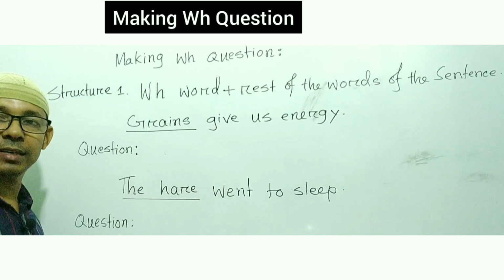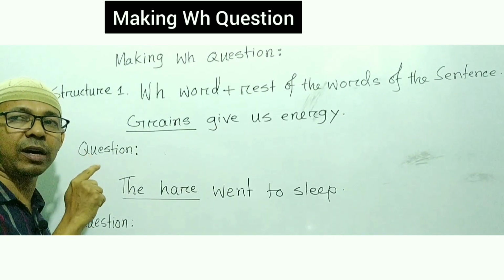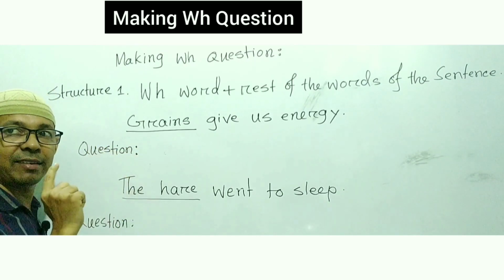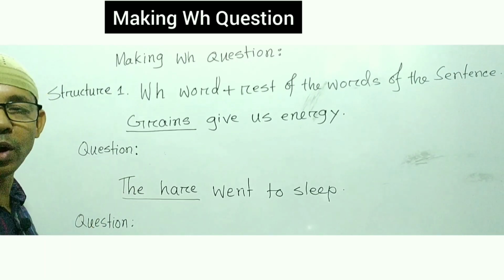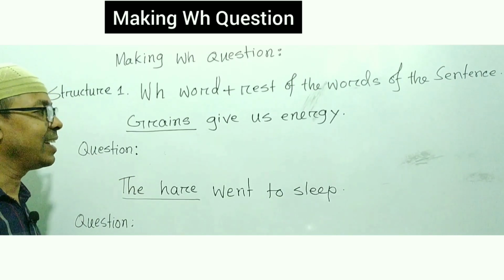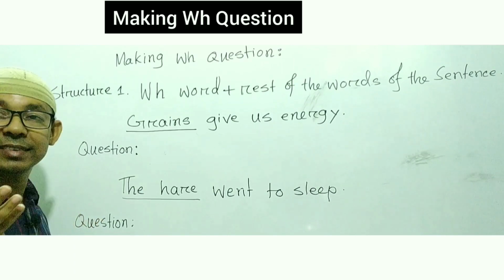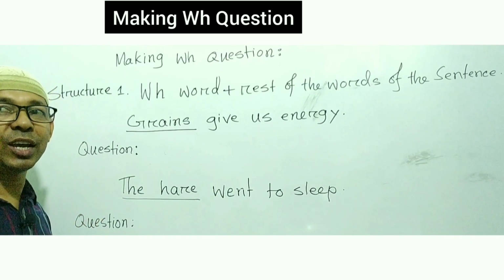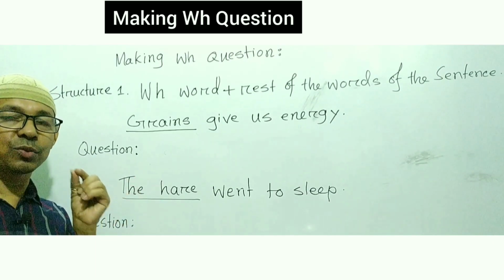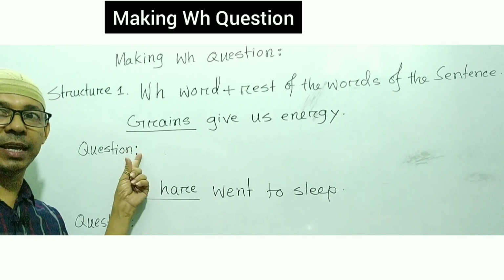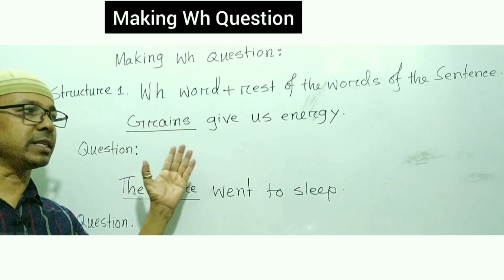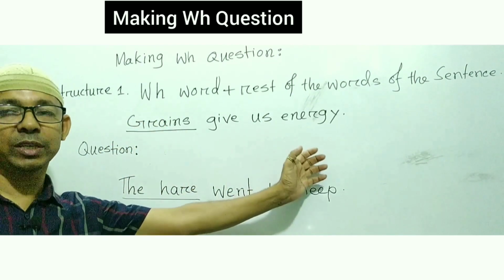Here you can see: "Grains give us energy." Look at the underlined word first. What can you see? Yes, "grains" is the underlined word. And what does the underlined word indicate? Yes, this indicates things. So the WH word will be what. We know that if the WH word is used instead of the subject, then after writing the WH word, all the words of the sentence will be written after that, and a question mark should be given.